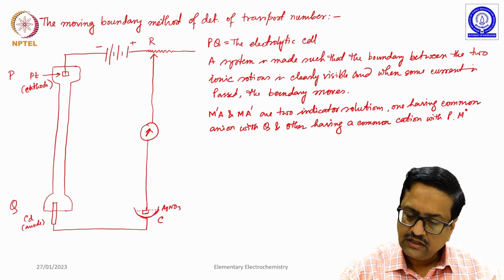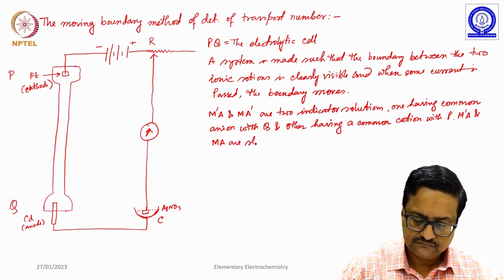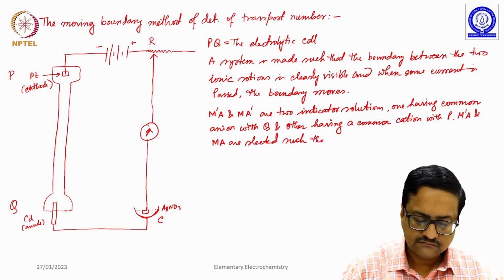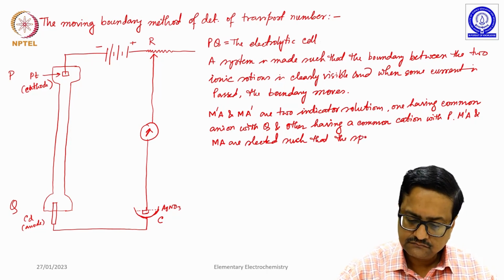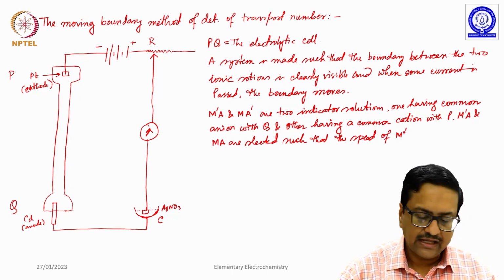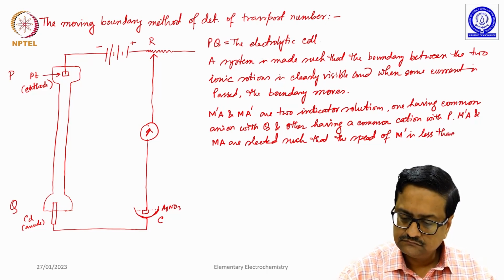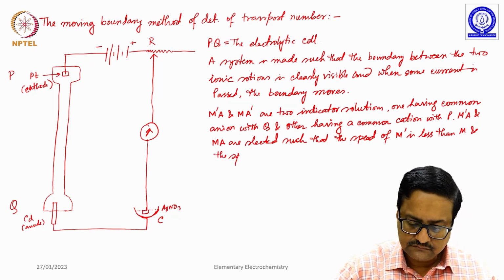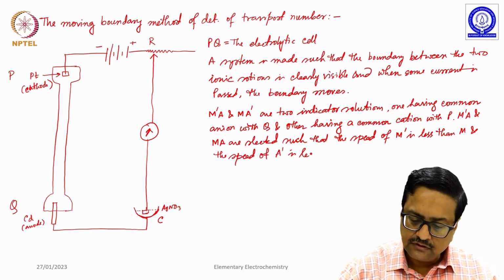And M prime A and M A prime are selected such that the speed of M prime is less than M, and the speed of A prime is less than A.